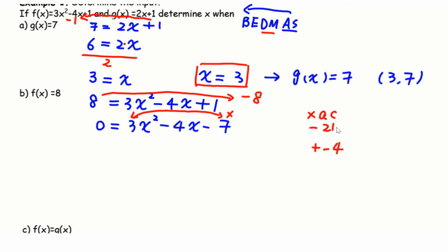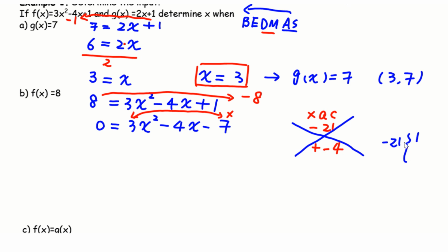Then you are looking for two numbers that multiply to negative 21 and add to negative 4. You could use the X game: the product goes on the top and the sum at the bottom. So we want to find the factors of 21.